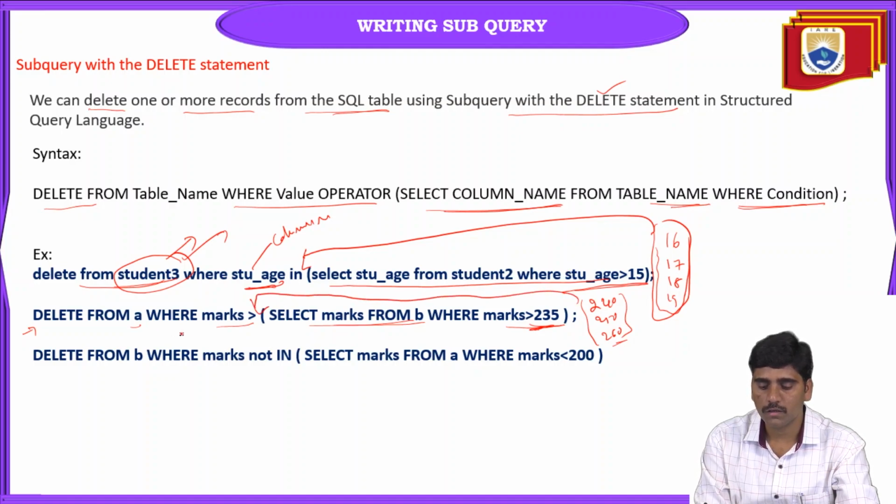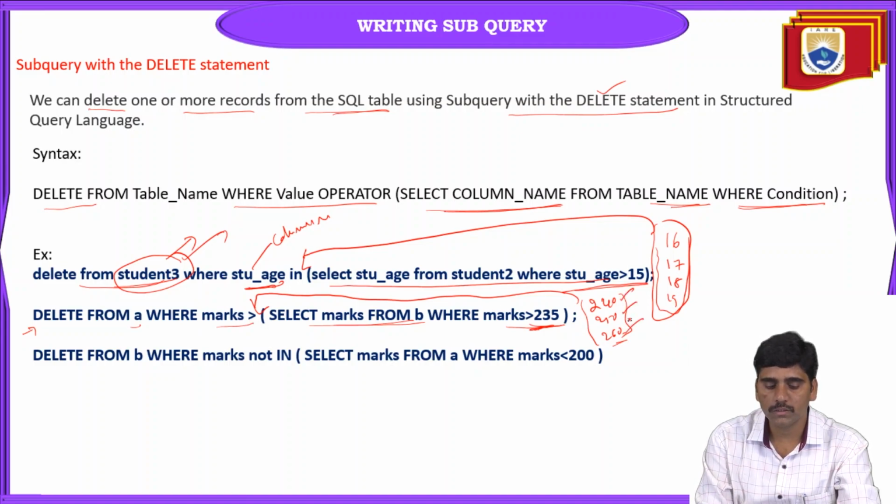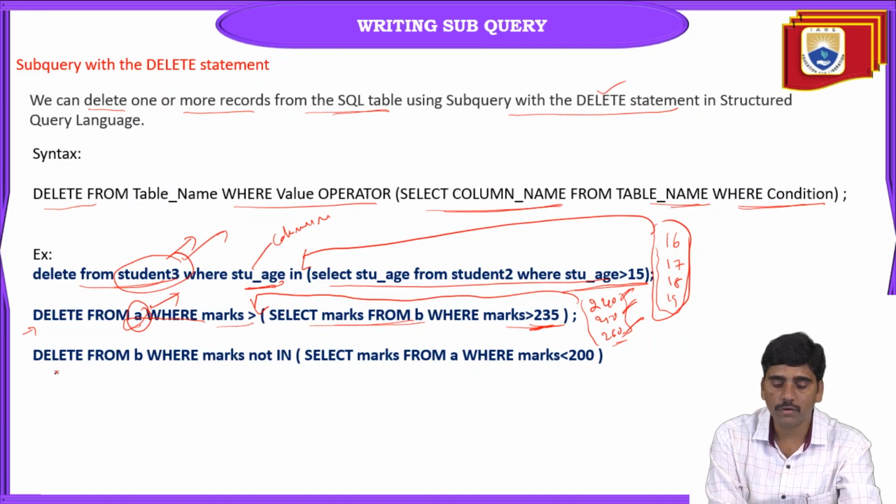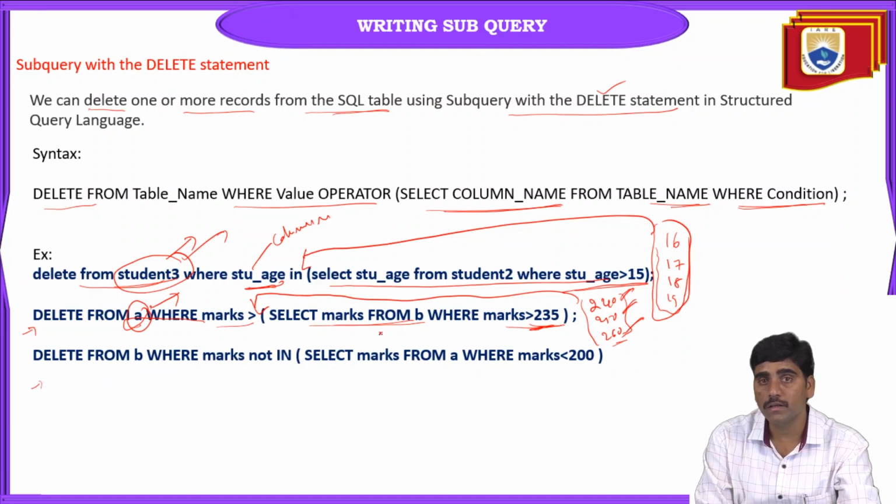So this is the result for the subquery. When executing the main query, DELETE FROM A WHERE marks > 240, 250, 260, whoever has marks greater than 240, 250, 260 will be deleted from the A table.